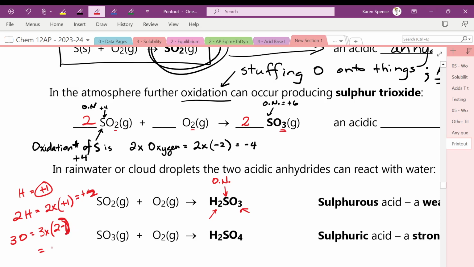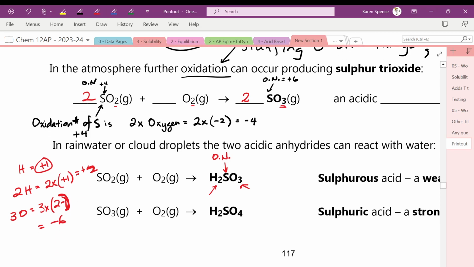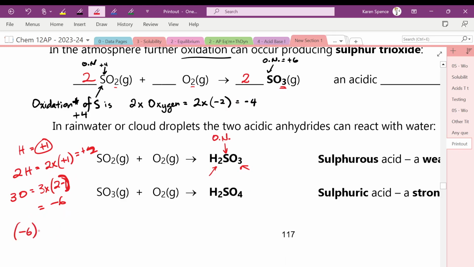And so how much is that? -6. What do these make together? -6 plus +2 is equal to -4. So what is the oxidation number of sulfur there? +4.